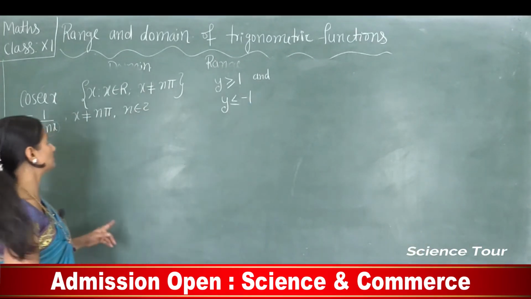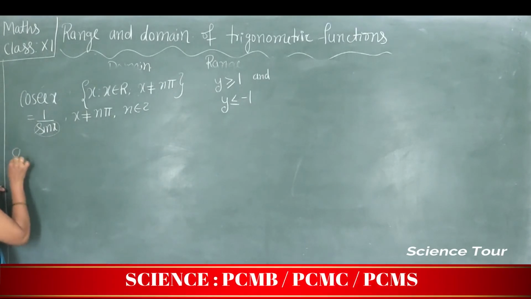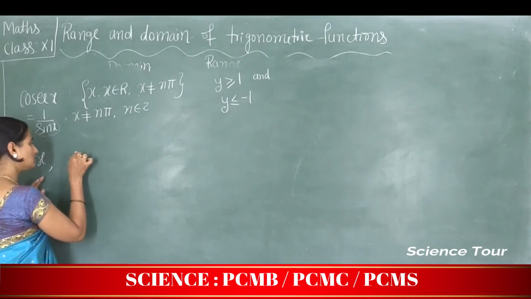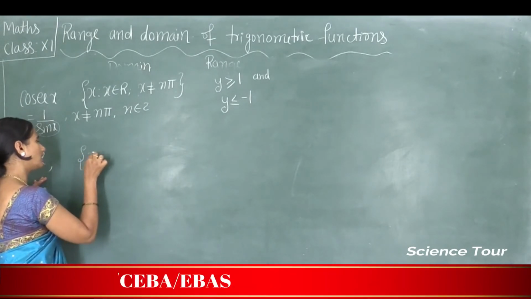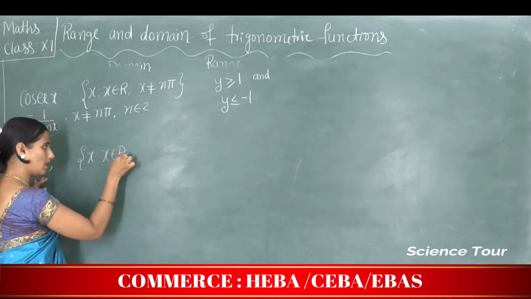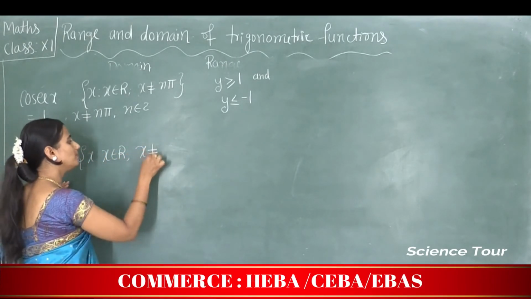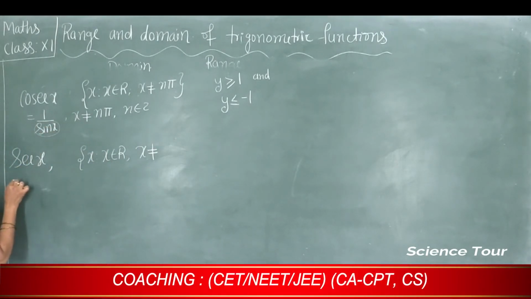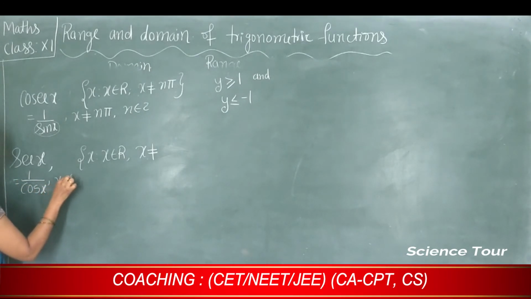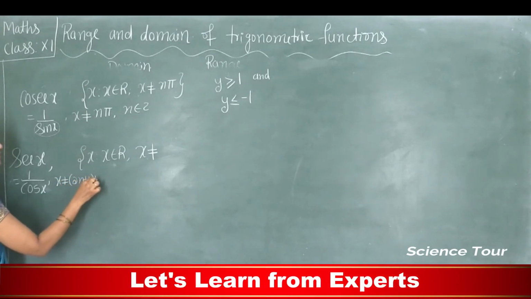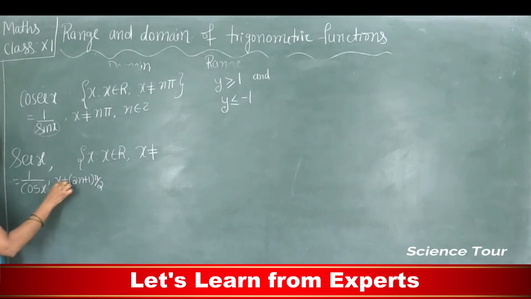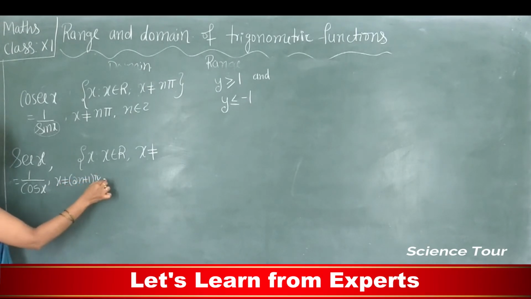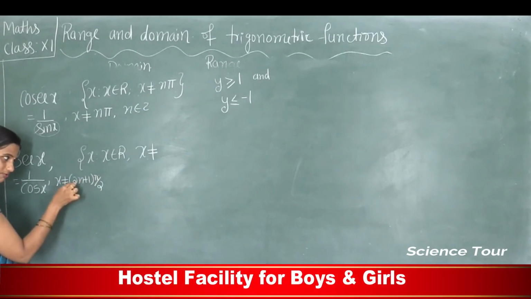Next we will discuss the domain and range of the next function, secant x. Secant x, such that x belongs to R, but x should not be equal to what? Secant can also be defined as 1 divided by cos x, where x should not be equal to (2n plus 1) pi by 2, where n belongs to Z. This you know, right?